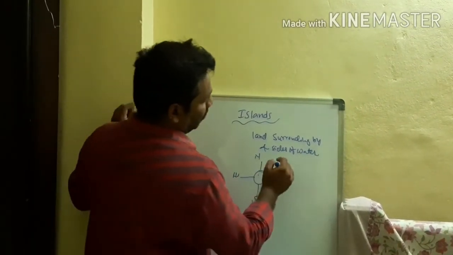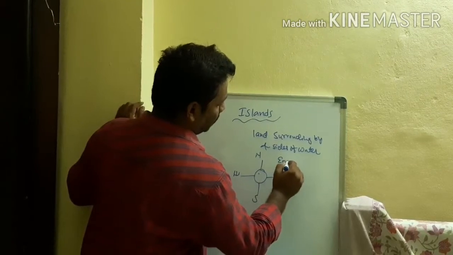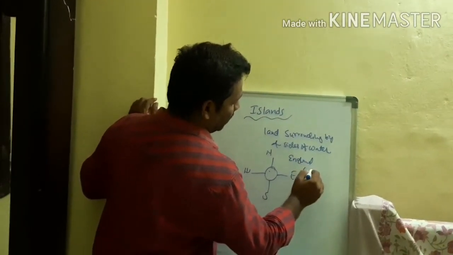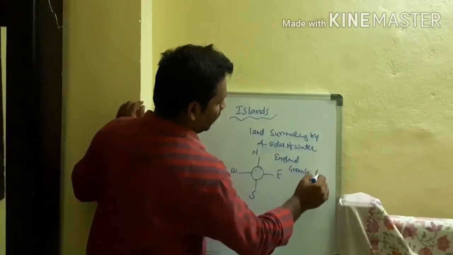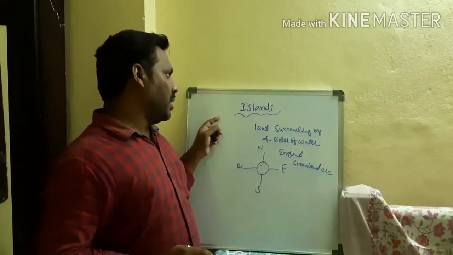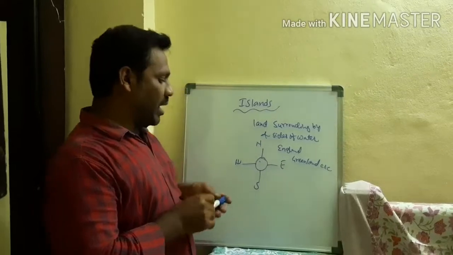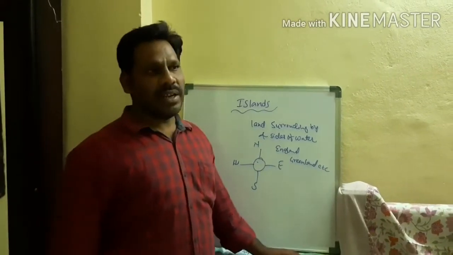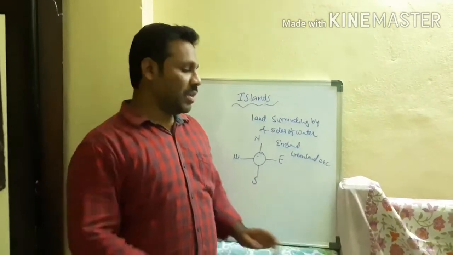We can take examples like England, Greenland, etc. A few become part of the islands. If we take islands in our country, we have 2 groups of islands.